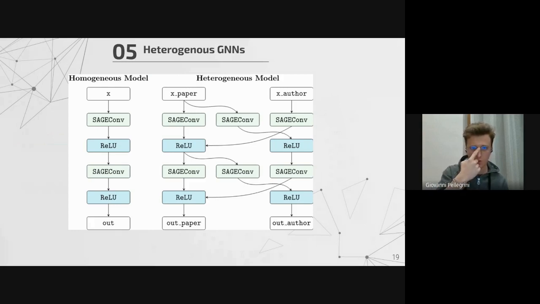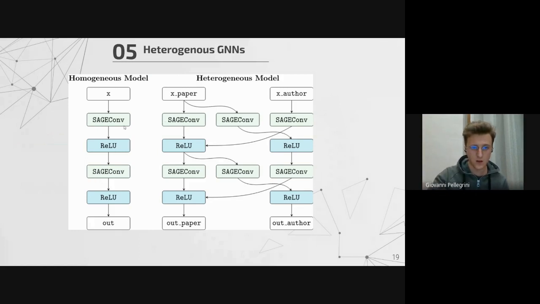When we go from a homogeneous model to a heterogeneous one, we might have a schema like this. As I told you before, here we have these two SAGE convolutions for the different iterations in the convolution process.